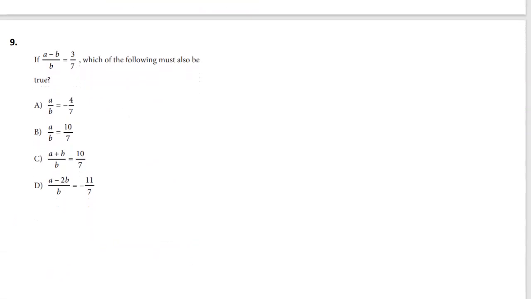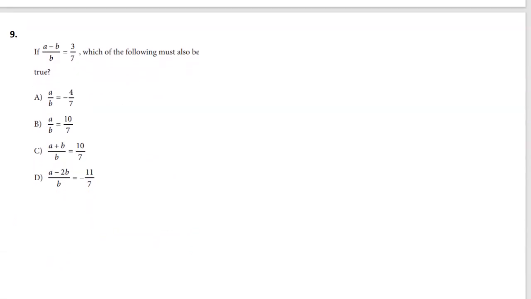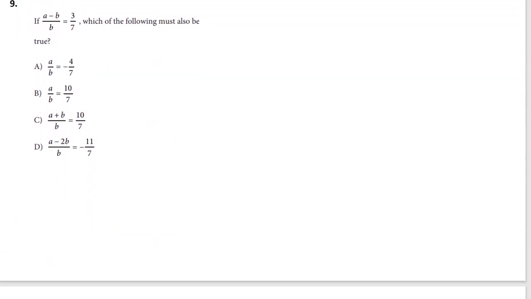Go to the next. This next one is similar, right? We're given this equation, and they want us to find which one of these is true. So I would work this question the same way. I have B. You take a quick look at the answers. They didn't state that they want only B or A expressed as the answer.